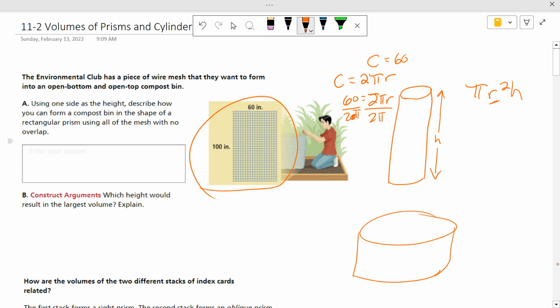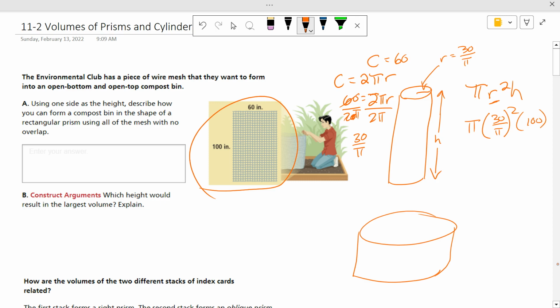So we're going to divide by 2 pi. So it's going to be 60 divided by 2, or 30 over pi is the radius. So if we stick that into the formula, pi times 30 over pi squared times the height of 100.